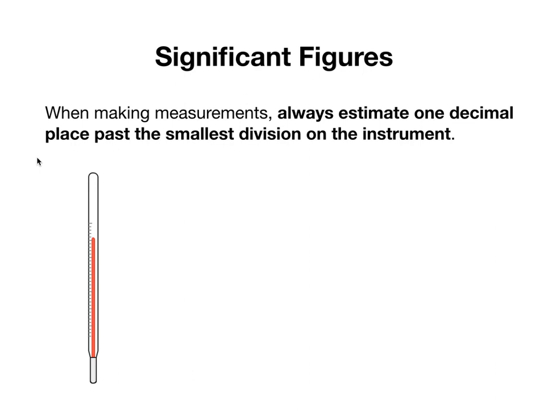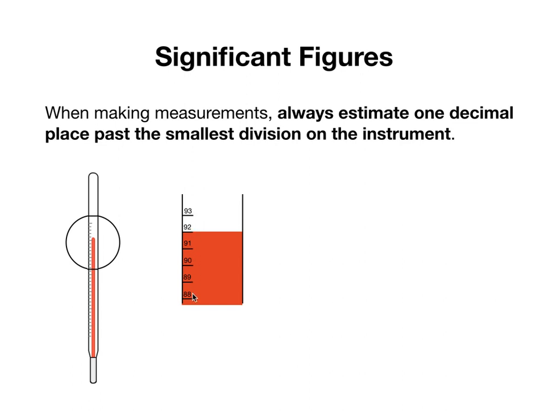So let's look at another example. What if we had a thermometer? Suppose we have a thermometer, we're measuring the temperature of a liquid or a solid, some sample. I'm going to try to show a blow up of this section right here. So suppose this looks something like this: we've got 88, 89, 90, 91, 92.